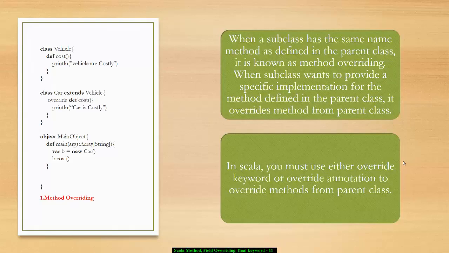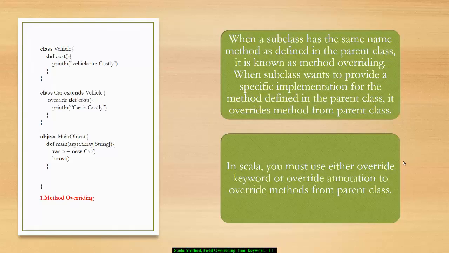In this I have declared two classes. One is a vehicle, the other one which extends it is a car. In the first class I have defined a method as cost. In the second class I have defined the same method, cost.